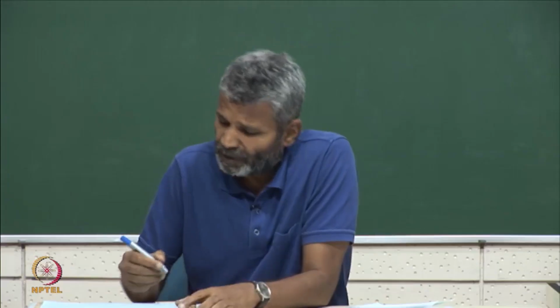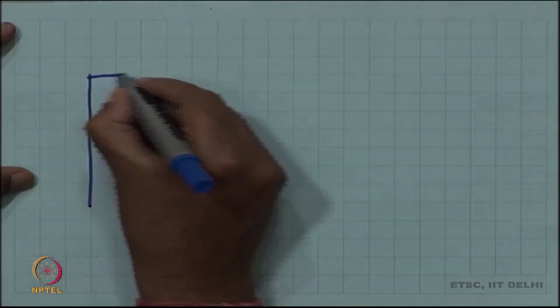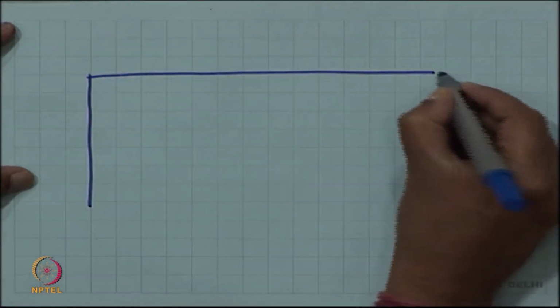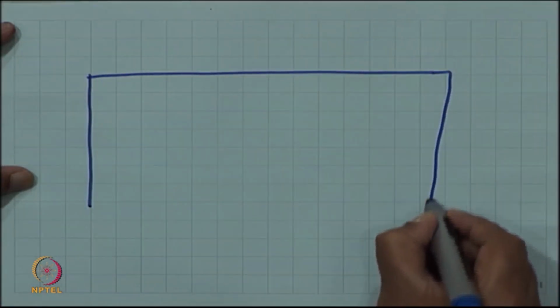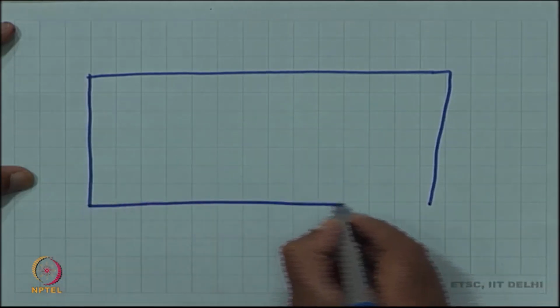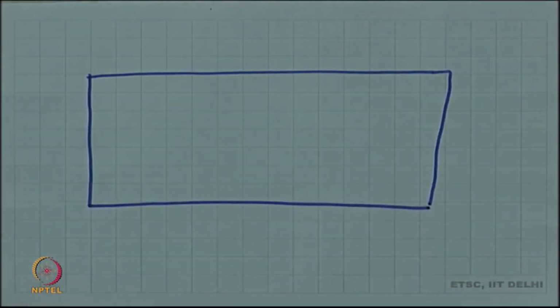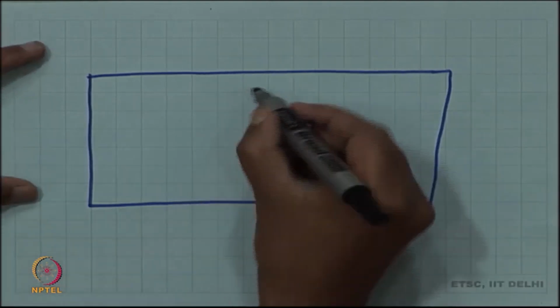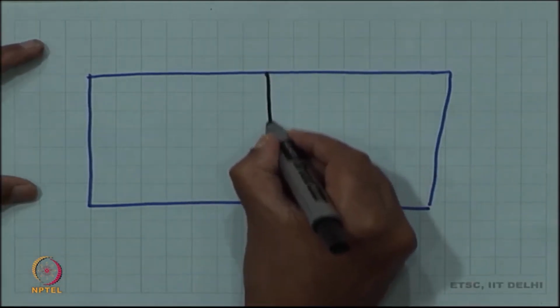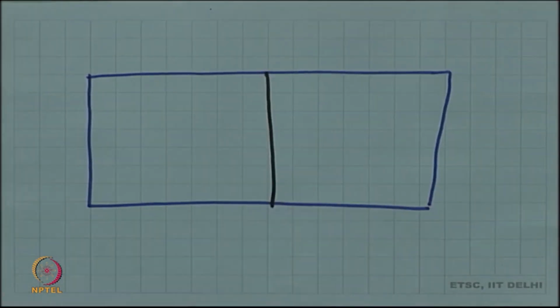That is, if I think of a plane in a crystal, you can think of this as the plane in a crystal, and if I have a line in that crystal which divides that plane.